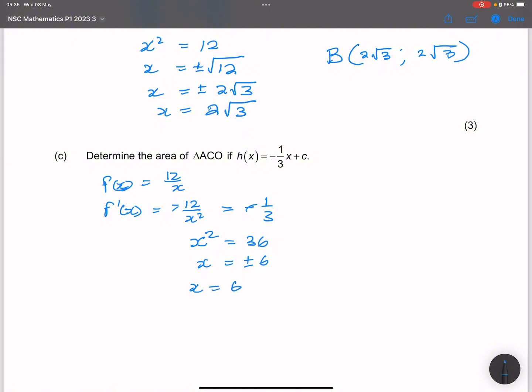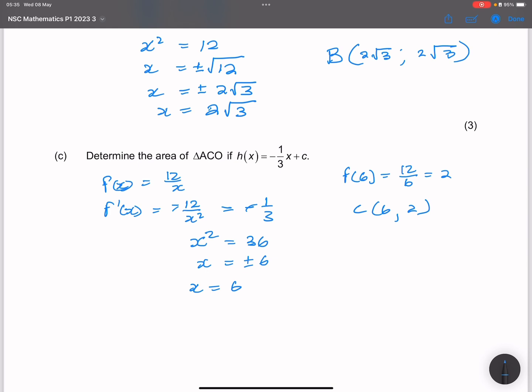Now I'm going to look for the y value. By substituting back into f, f of 6 will be 12 divided by 6, and that gives us 2. So the coordinates of C are 6 and 2. So at least we know that much now.